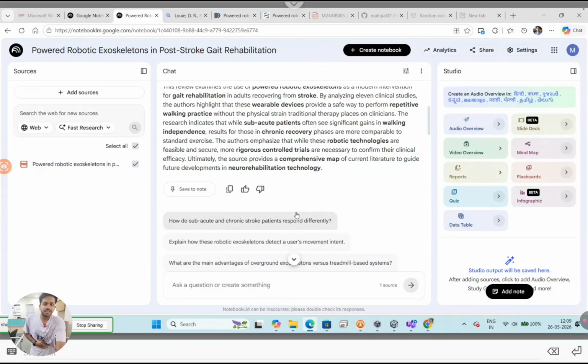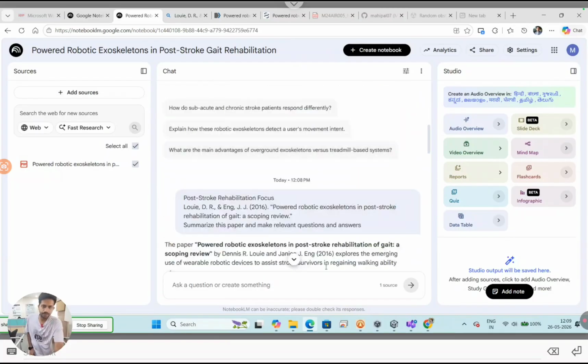The authors emphasized that while these robotic technologies are feasible and secure, more rigorous controlled trials are necessary to confirm their clinical efficacy. Ultimately, the source provides a comprehensive map of current literature to guide future development in neurorehabilitation technology.